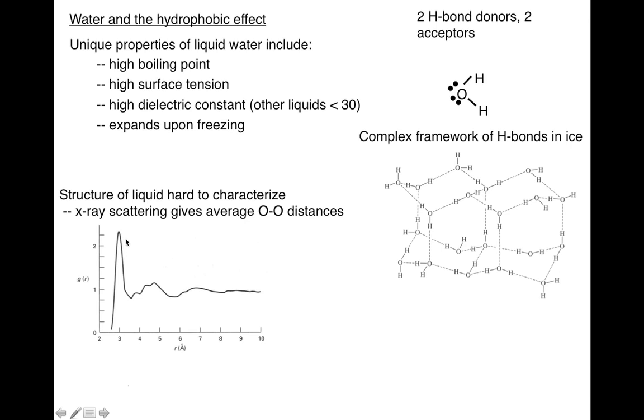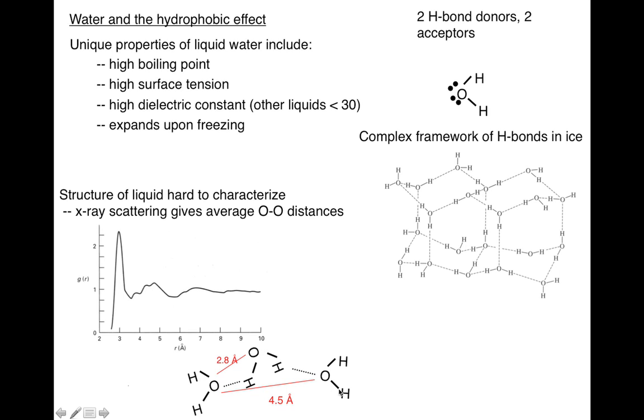You see that it's very strongly peaked at a little less than 3 angstroms. There's another peak at about 4.5, and then it tails off as the order from the reference molecule lessens. So the picture you get is that for hydrogen bonded waters, the oxygen distances are about 2.8 angstroms.